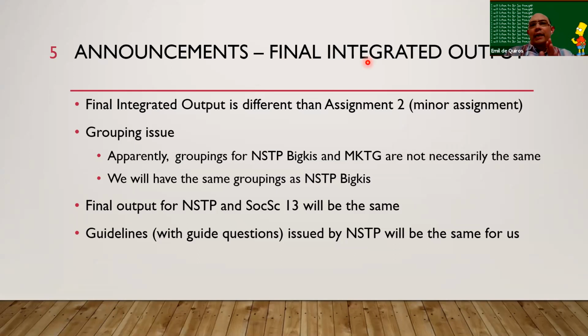So the decision here, I conferred with my other faculty members. It can be different, but we will anchor our groupings with NSTP, KISS. So basically what this means is your group for SocSc13 for the final integrated output will be the same as your NSTP, KISS group. I hope that's clear.